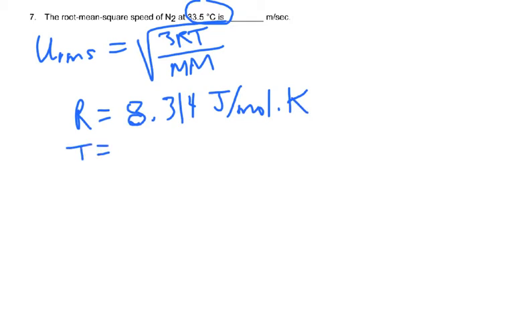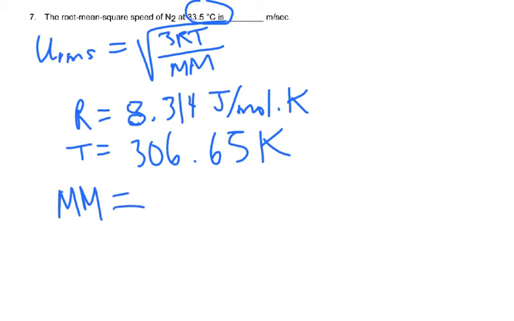T is going to be 33.5 plus 273.15. It's going to be 306.65 Kelvin. And then the molar mass of nitrogen. So nitrogen is 14.01.